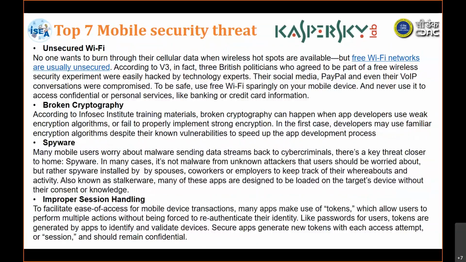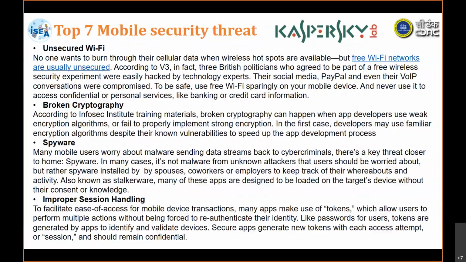Then there is unsecured Wi-Fi; certain Wi-Fi networks are installed in an unsecured manner, so that becomes a threat. While developing software to provide security, certain cryptographic or reputed algorithms need to be used to provide end-to-end security, so that data going to the internet, and data coming to you, cannot be interpreted or decoded by a man in the middle.